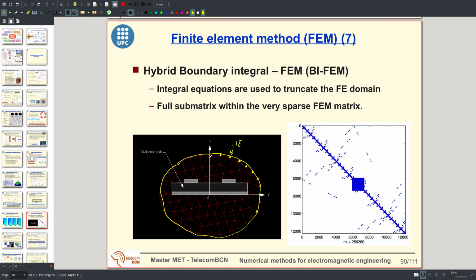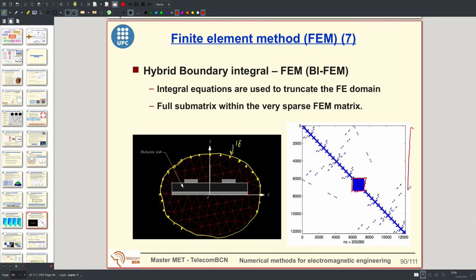In this case, since the integral equation has a convolution, it relates all the nodes at the boundary with all of them. That is, there are coefficients relating all the nodes at the boundary with each other. So you get a completely full submatrix that relates the nodes at the boundary.